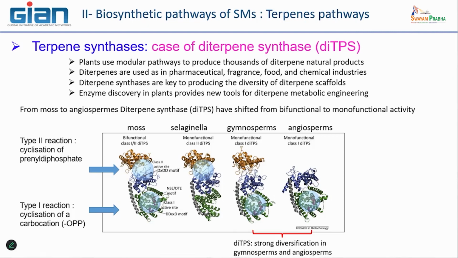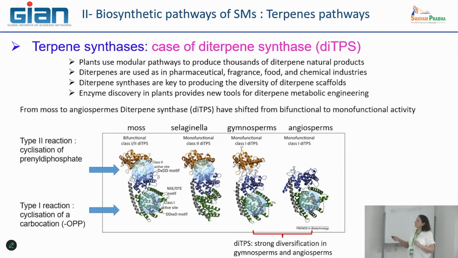And to summarize, what was interesting is that when you compare the diterpene synthase from moss to angiosperm, you can observe that they have lost a part of the protein. This part of the protein that is lost in more evolved plants corresponds to one of the activities of this enzyme that in moss, and also up to the gymnosperms, has two activities.